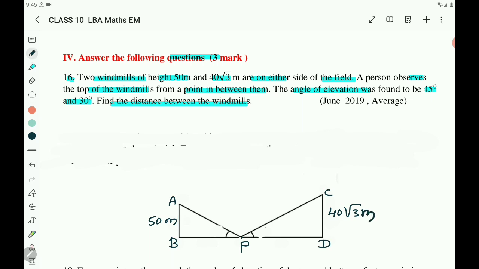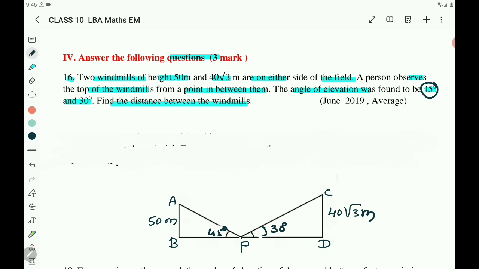Then you take the point in between the windmills and the angle of elevation of the windmills are given. Angle of the elevation of the first windmill AB is how much? 45 degree and the windmill CD is 30 degree.